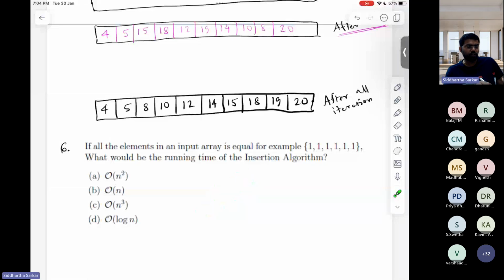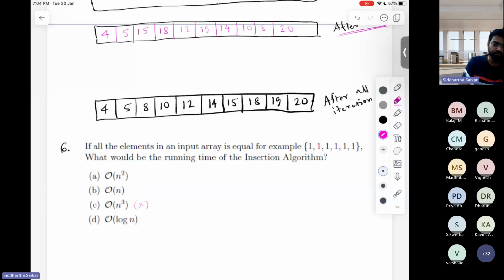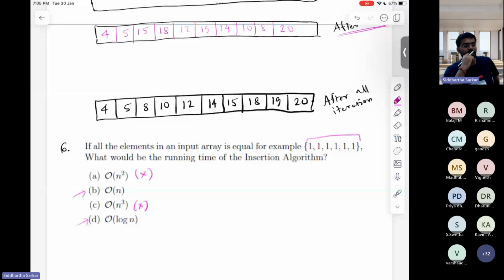So this is definitely ruled out. The worst case itself is order n squared, so how can this happen? Order n squared is also unlikely because we have an easy example. So you have to select between this and this. Any guesses?